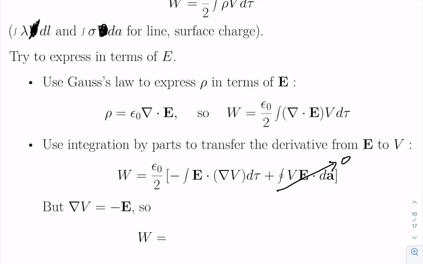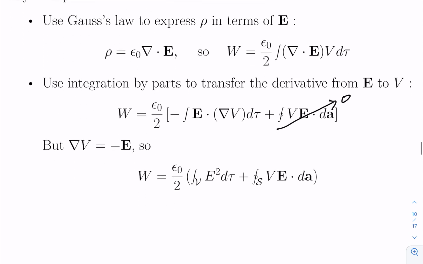And now, this gradient of V simply gives us minus E. So the work is really the first term only, and the first term is the E squared. So you can see that this expression is actually extremely simple in the end, and the work is proportional to the electric field squared, and that is actually something that's quite unexpected.